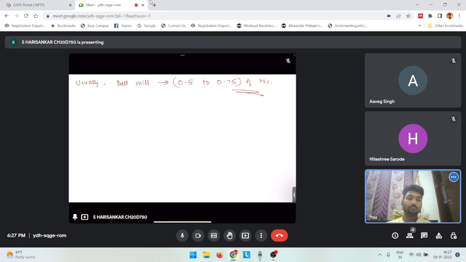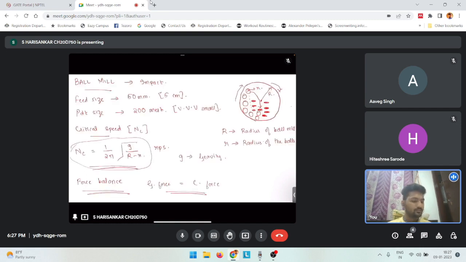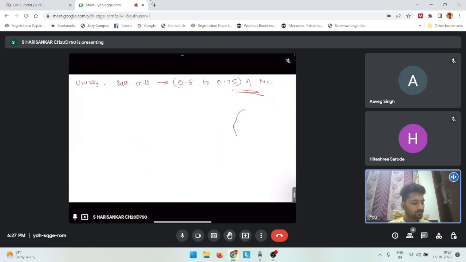Now we have been doing all these equations for critical speed, but what is this critical speed? Kind of missed on that definition. So let's take a ball mill and let's take a ball like this, and let us assume this ball mill rotates at the critical speed.